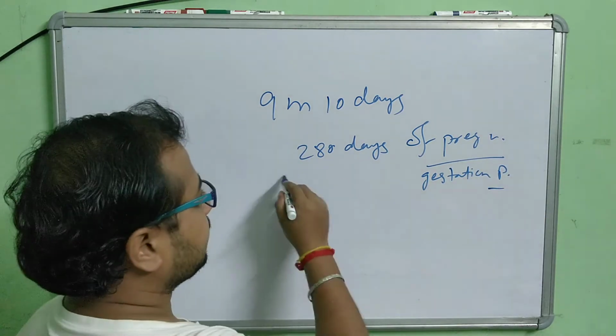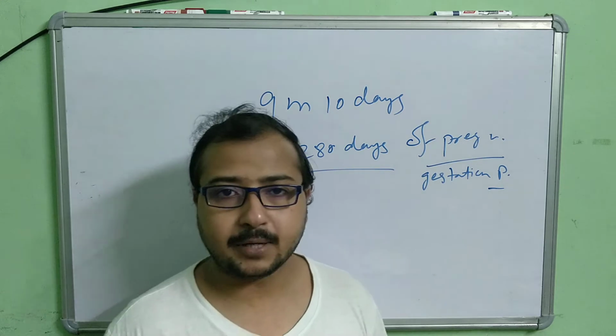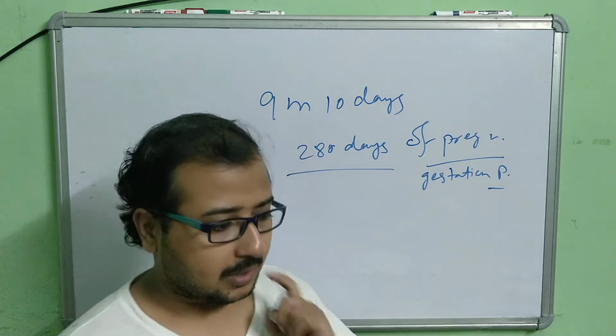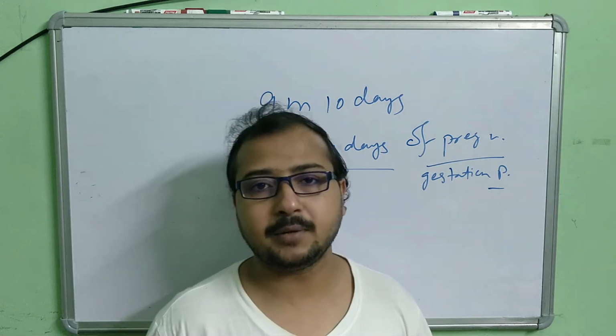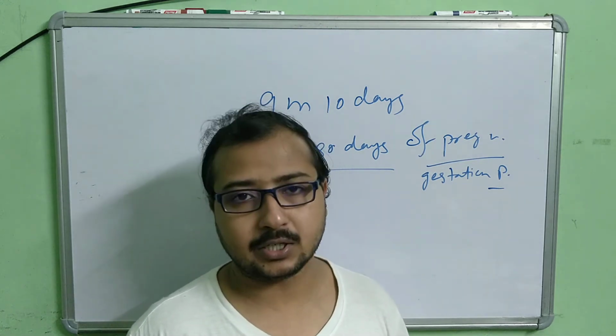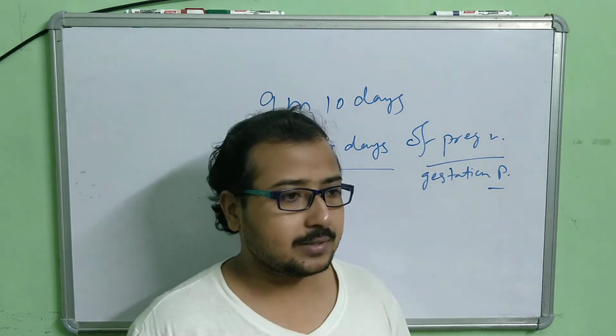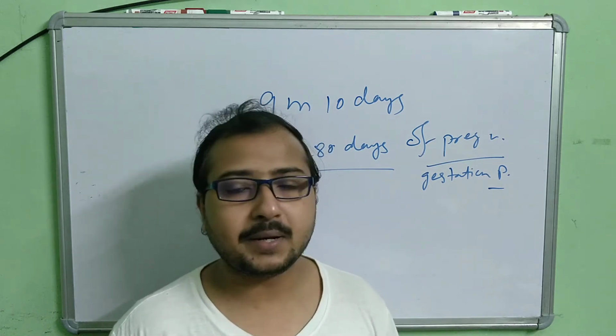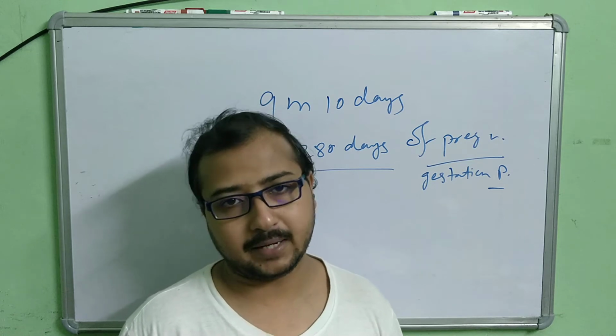After this, the time of parturition comes, the process of delivery of the baby. Now how does the delivery of the baby take place in normal conditions? This process of parturition starts with a very complex neuroendocrine mechanism.